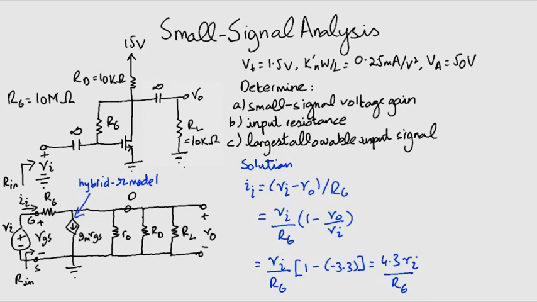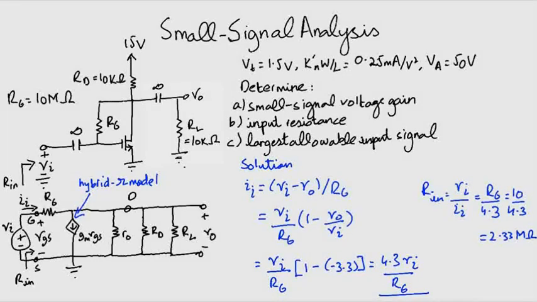See, it is not so straightforward that you can say that the input resistance is RG. It is given by the expression Vi over Ii, and we can rearrange this term here to find Rin to be 2.33 megaohms. Understood?